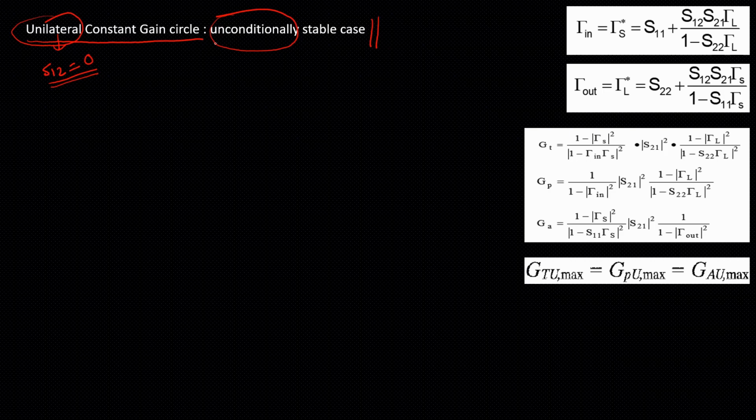And if you know it for unconditionally stable circuits, then for the other case it is very easy, you just need to do a little manipulation, but the main steps are similar. So in this subject we will have many circle equations.